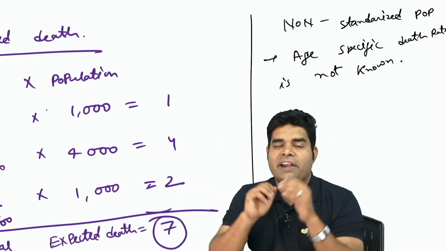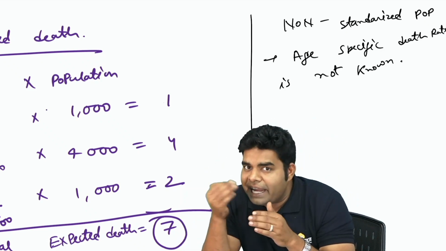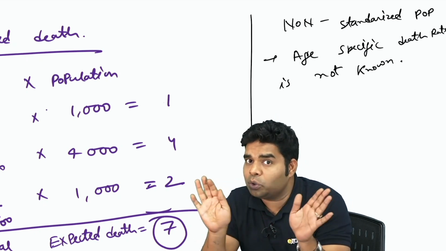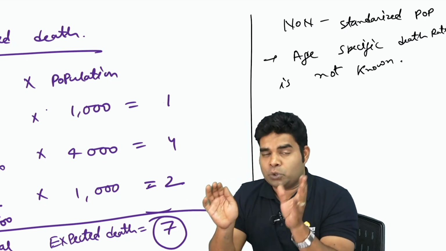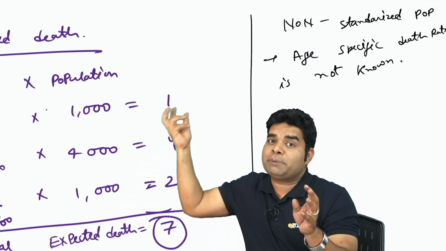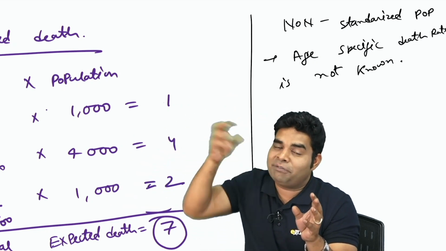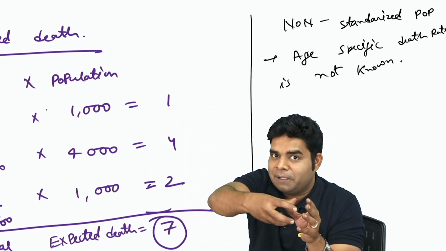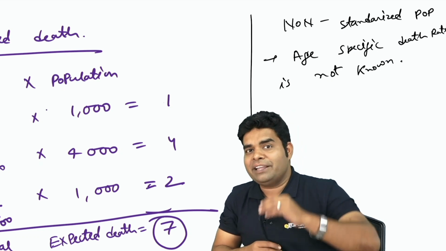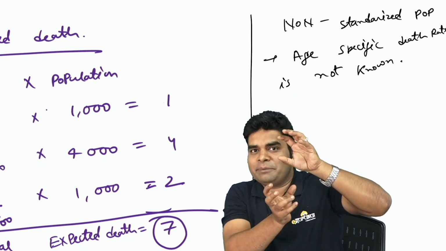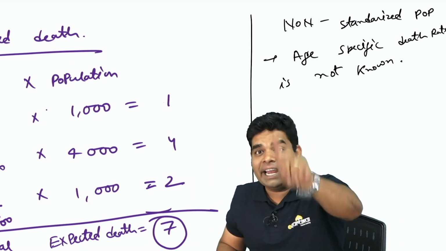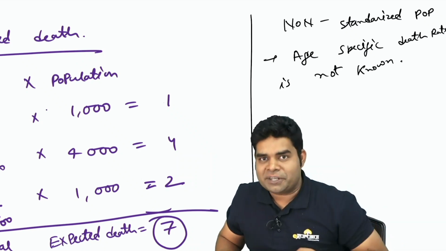That is direct standardization. In indirect standardization, we have a non-standardized population. We do not know the age-specific death rate. So we apply the age-specific death rate of a known population, of a standard population on it, and we find the expected death. Then we divide the observed death by expected death, multiply it with 100 to get the standardized mortality ratio in an indirect standardization.